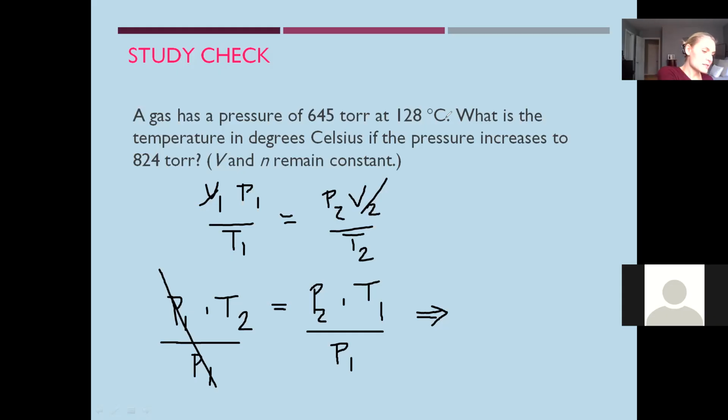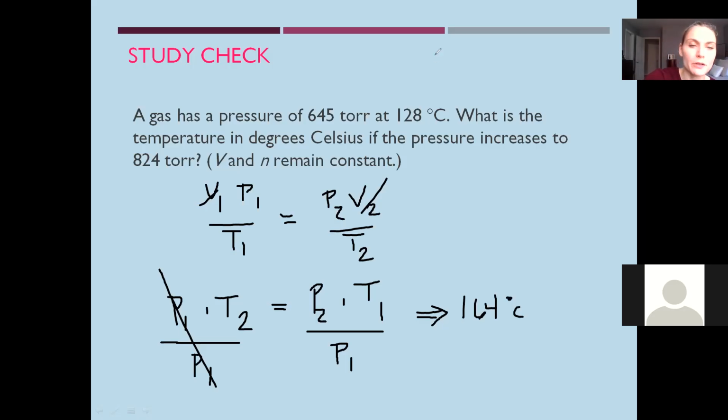All right, what did you guys get for degrees Celsius? What did you guys get for T2? I rounded up a little and I got 164 degrees Celsius. Yep, very good. 164 degrees Celsius. If you got 163.5, because it's three significant figures, you would round it up to 164.